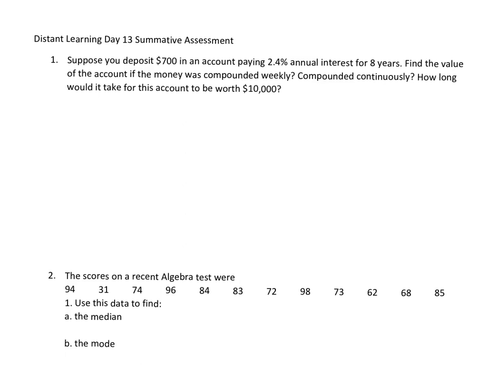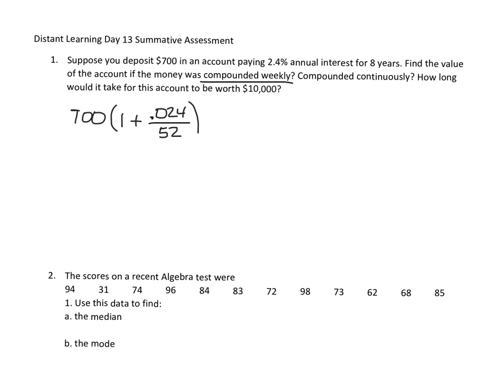So first of all, for weekly, if you remember this, we would take the rate, which would be 0.024, and I would divide this by 52 since we're doing it weekly. I would add 1 to this because it's showing growth. It's going to be multiplied by 700.